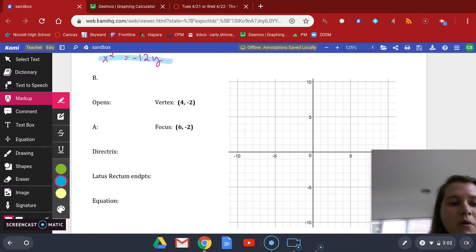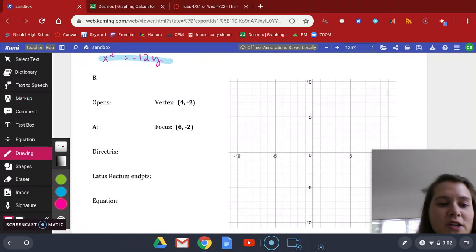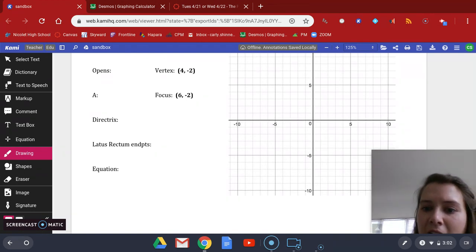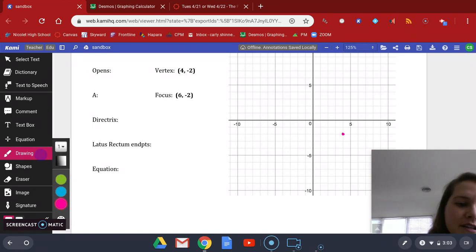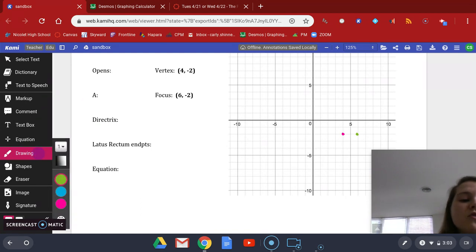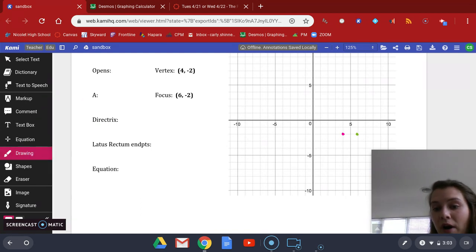And now I've got one more here for you folks before you can start the practice. The vertex of this one is (4, -2), and the focus is (6, -2). So right away, the direction that the focus is from the vertex tells you which way the parabola will open.